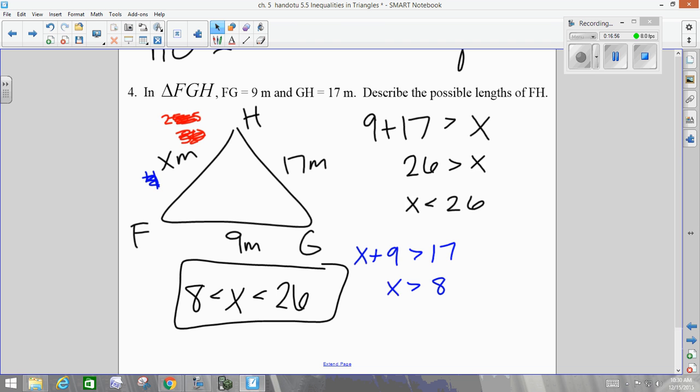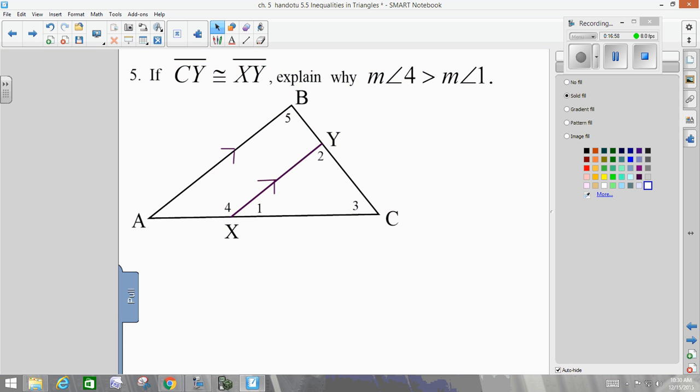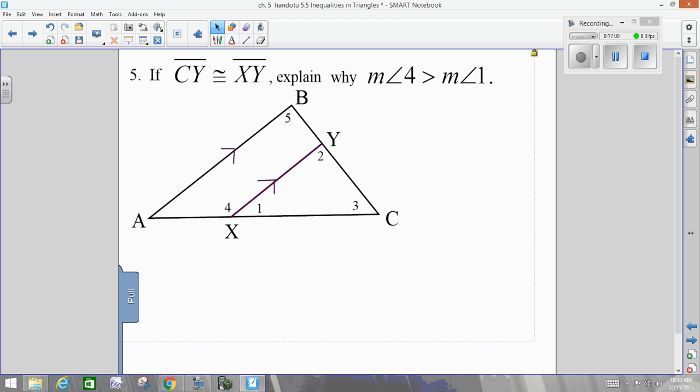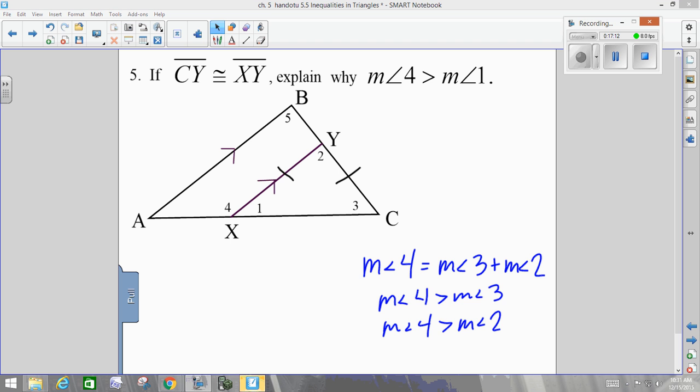Number 5. If CY is congruent to XY, explain why the measure of angle 4 is greater than the measure of angle 1. Because I somehow got to get angle 1 down there.